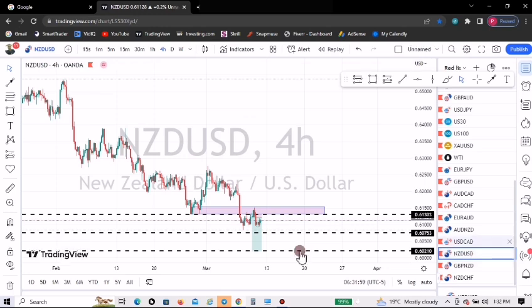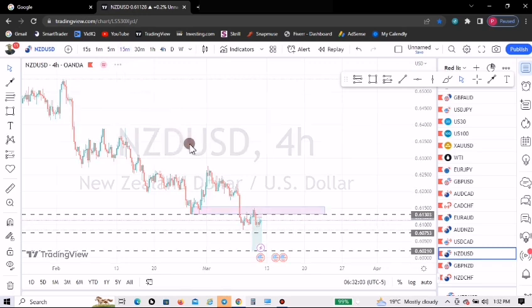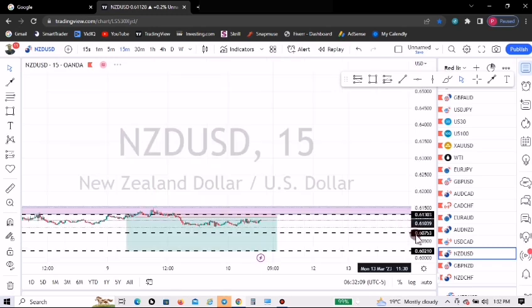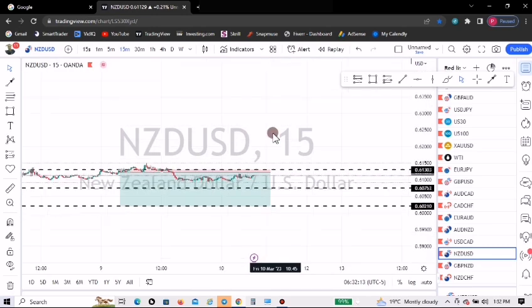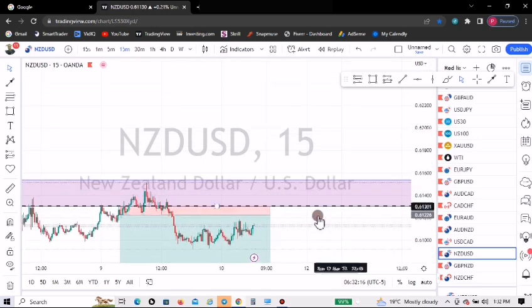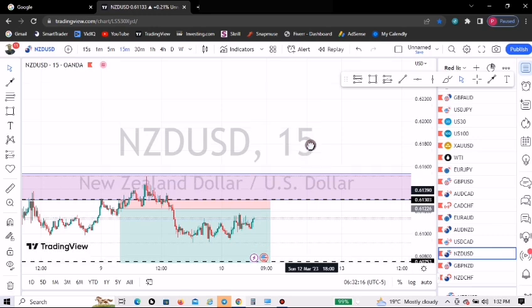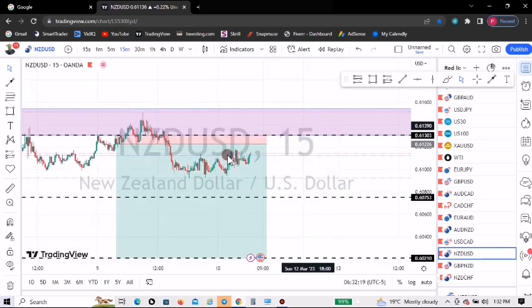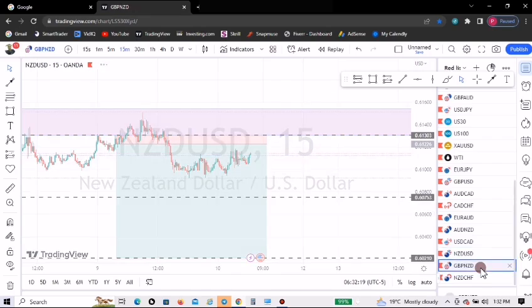When price closed, what happened? Looks like a spoiled trade. Okay, I had a very tight stop. Okay, I lost the trade here. I'll see this pair next week.